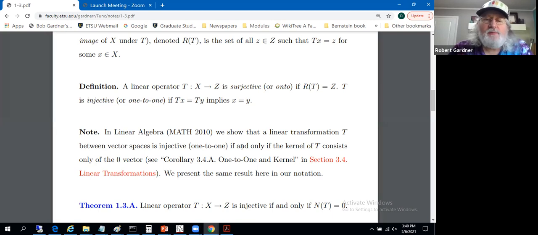In linear algebra, we show that a linear transformation between two vector spaces is injective, that is one-to-one, if and only if the kernel of that transformation consists only of the zero vector. See corollary 3.4.a. This is my numbering scheme from Fraleigh and Beauregard's linear algebra book, one-to-one and kernel. So the same kind of thing holds here.